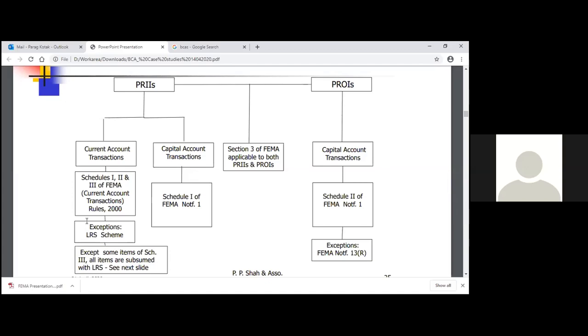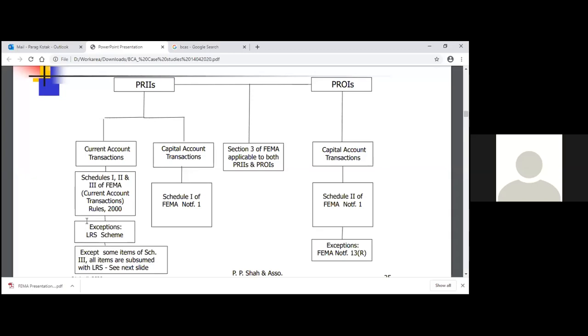These transactions are to be carried out only in the manner specified in section 3, that most of the transactions are to be routed through the authorized dealer. This is provided because there is no other mechanism for the Reserve Bank of India to record and understand the transaction after it is carried out, or to find out a suspicious transaction after it is carried out, unless it is carried out through an authorized dealer.